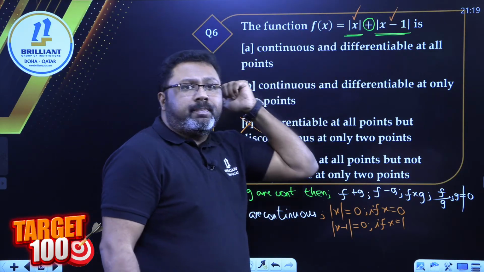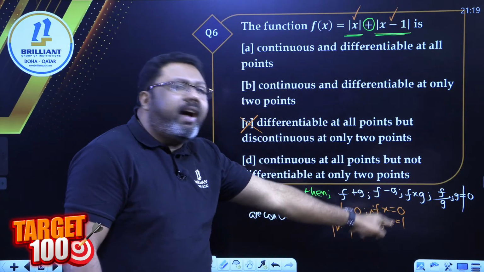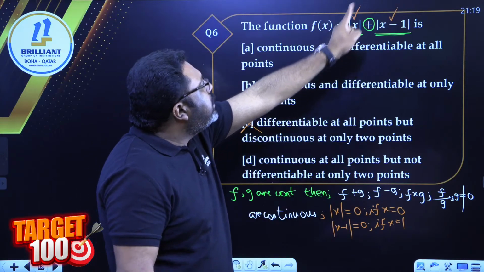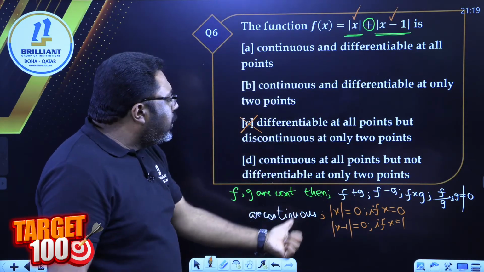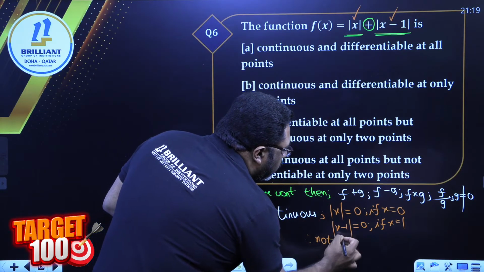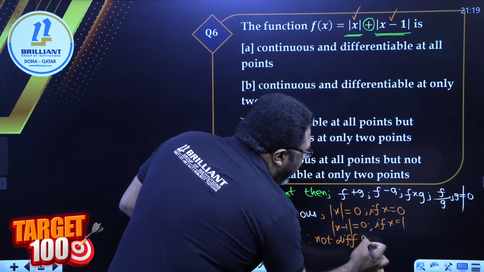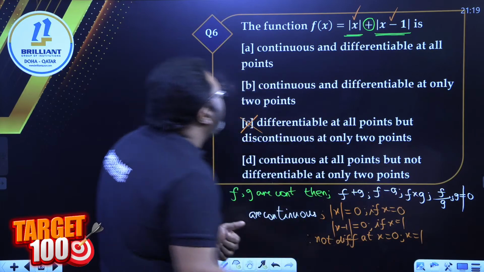One modulus function is mod x, the other modulus function is mod x minus 1. There are two values of x which makes each of my modulus 0. So can I say that it is continuous but therefore not differentiable at x equal to 0 and x equal to 1? 2 points.